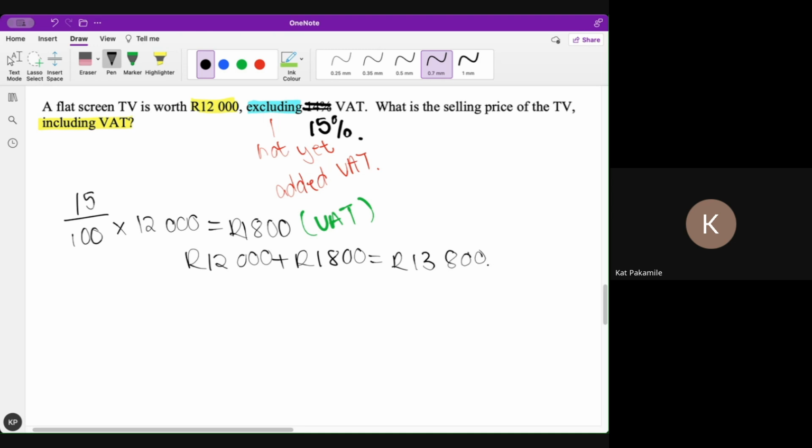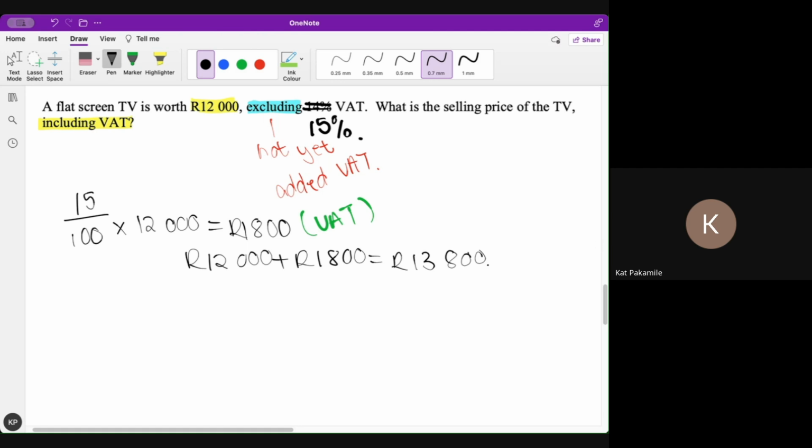Okay, can I have a thumbs up, thumbs down? Do we see why I started with percentages? All of this is really just percentages. Correct. So far, I see thumbs up everywhere, so that's good.